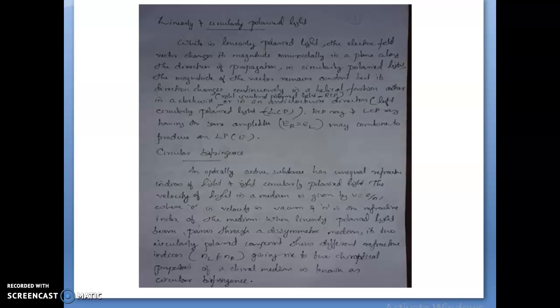That is, as told at first, an optically active substance has unequal refractive indices for left and right circularly polarized light. That means NL is not equal to NR, giving rise to the chiroptical properties of a chiral medium.